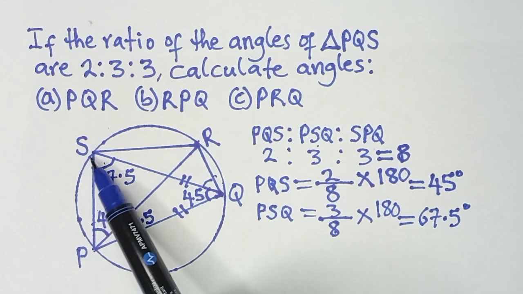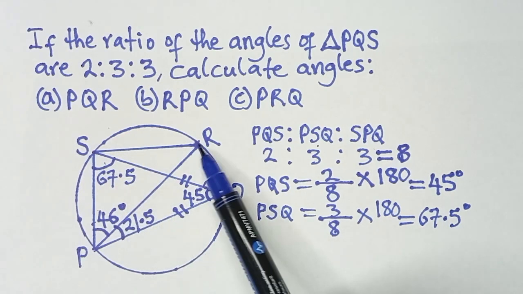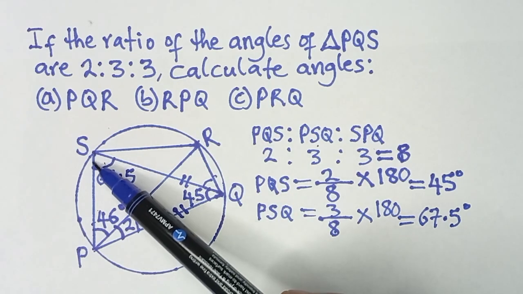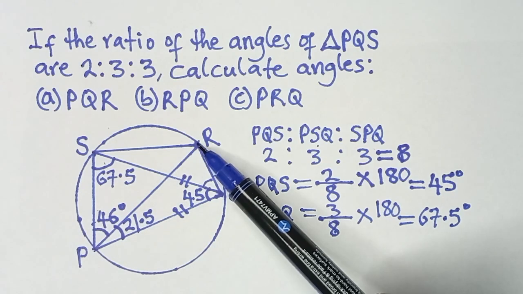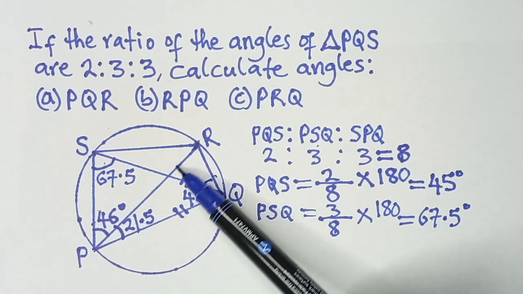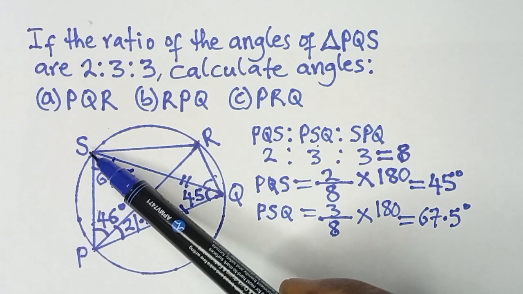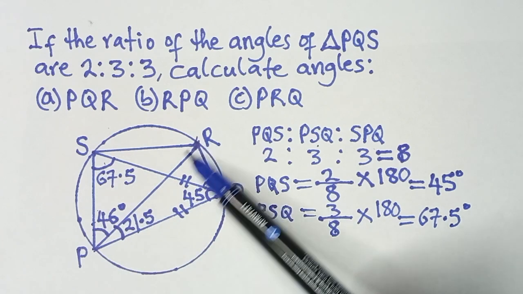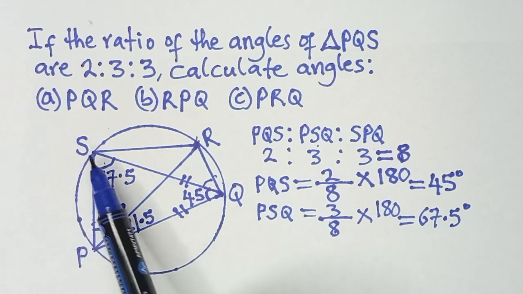Now, if you look at the points S and R, you see that there's a line moving from S to P, and there's also a line moving from R to P. So these two lines coming from S and R, they both form what angle? 46 degrees here. Hope you are seeing the two lines.